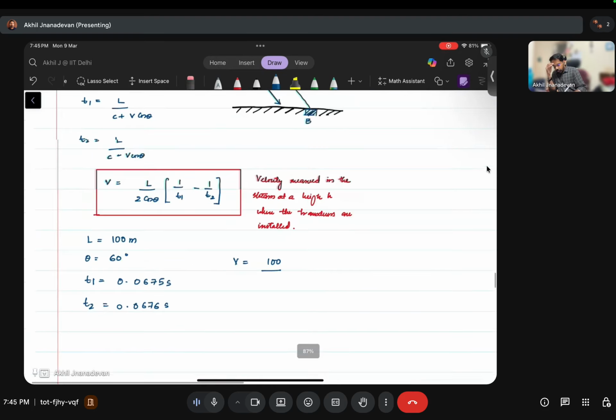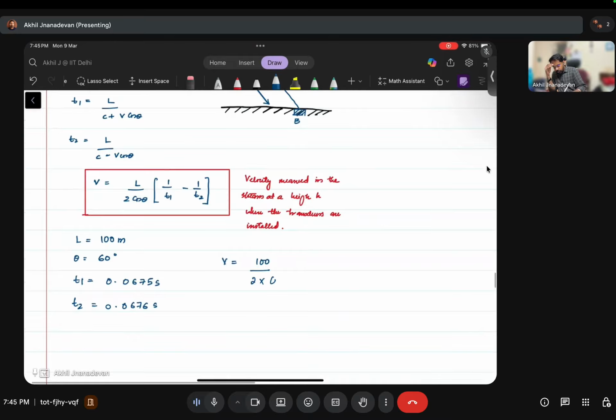So V equals 100 divided by 2 into cos 60 degrees, multiplied by 1 by T1, which is 0.0675, minus 1 by 0.0676.